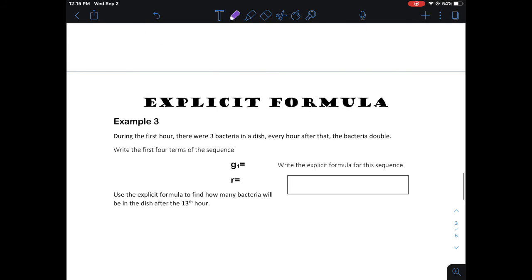All right, and the third and final example. This is so much fun, I know. During the first hour, there were 3 bacteria in a dish. Every hour after that, the bacteria doubles. Double means times 2 in case you didn't know. We want to write the first 4 terms of the sequence.